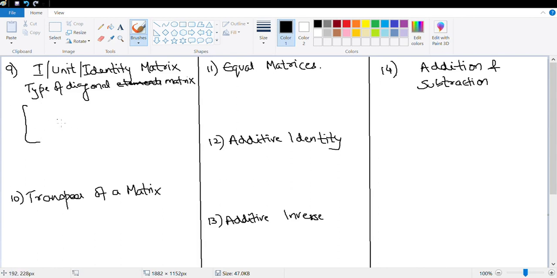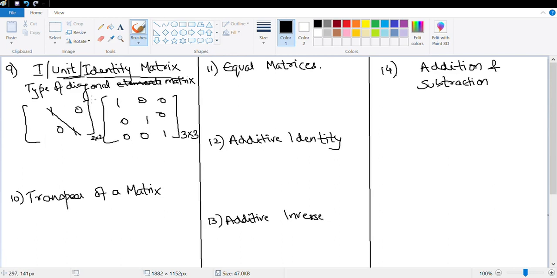So again, this is a square matrix. The primary diagonal has all elements 1, everything else is 0. The order of this is 2 by 2. Let's look at this. This is a 3 by 3 diagonal matrix, which is an identity matrix or a unit matrix.